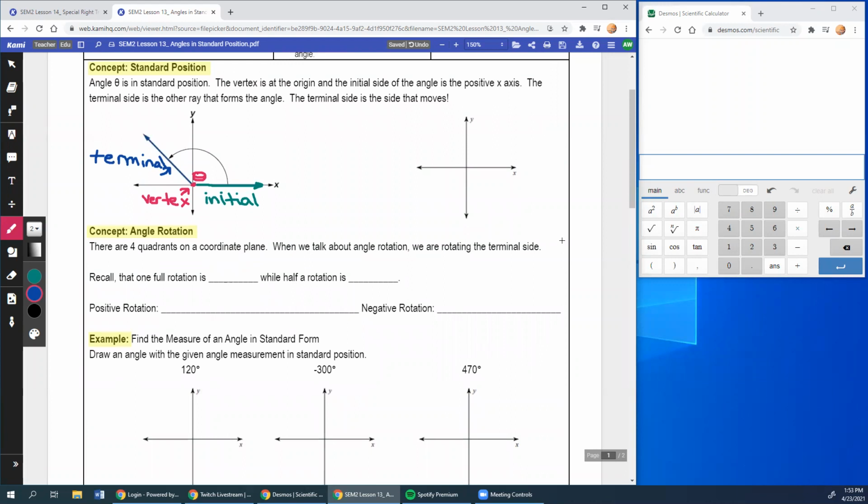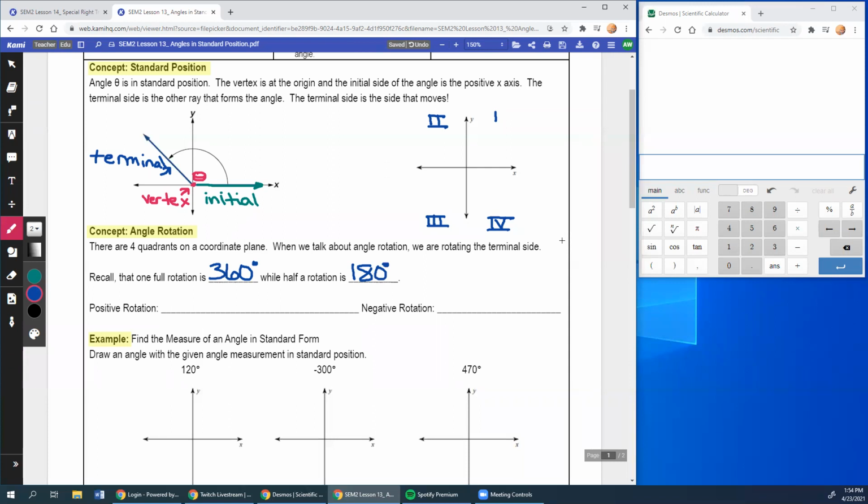So there are 4 quadrants on a coordinate plane. If we look here, quadrant 1, quadrant 2, quadrant 3, and quadrant 4. So yes, the quadrants move counterclockwise. When we talk about angle rotation, we're rotating the terminal side. Recall that one full rotation is 360 degrees, and half of a rotation is 180 degrees.